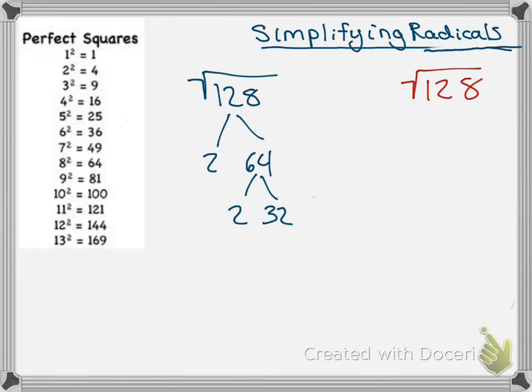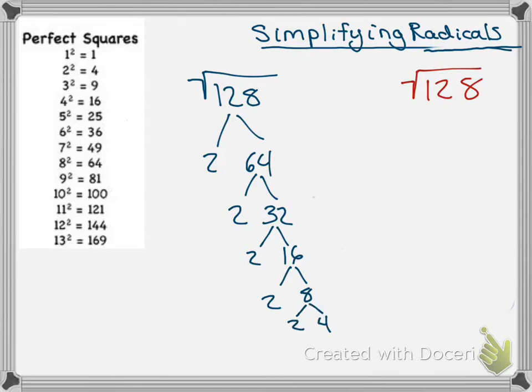And I keep doing that process. That is even. So 2 times what is 32? 2 times 16. 16 is even. So I have 2. 2 times what is 16? 2 times 8. 8 is even. 2 times what is 8? 4.